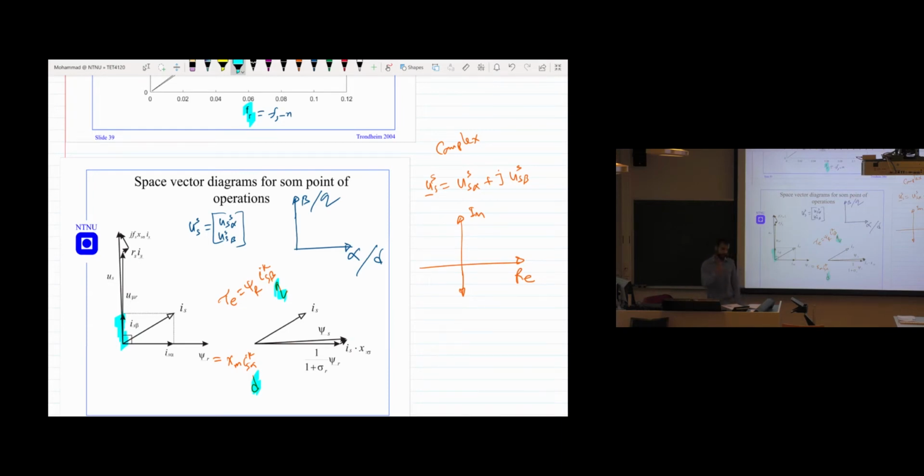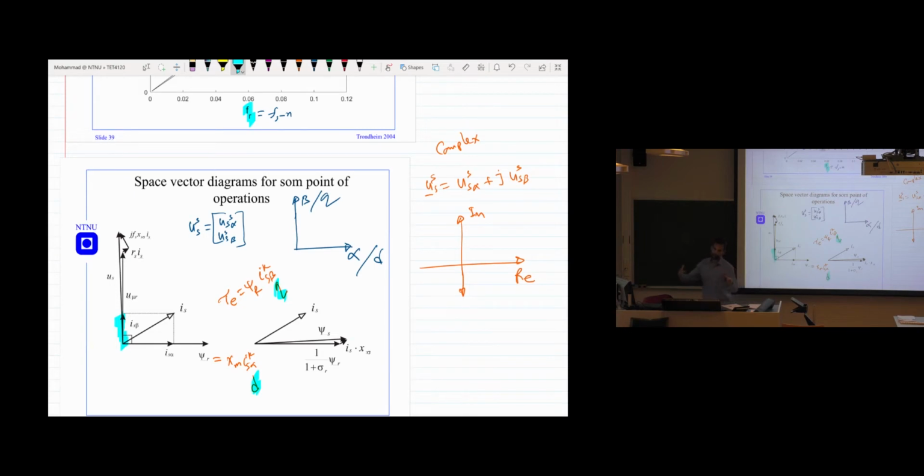And if you look at the other machines, like the synchronous machine or the permanent magnet synchronous machine, we have the rotor, and in the rotor we are providing a separate current to produce the field. But in the induction machine, we don't have anything in the rotor, right? It's just a solid bar.